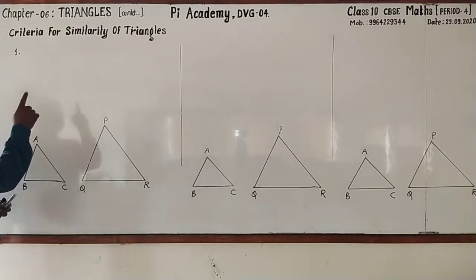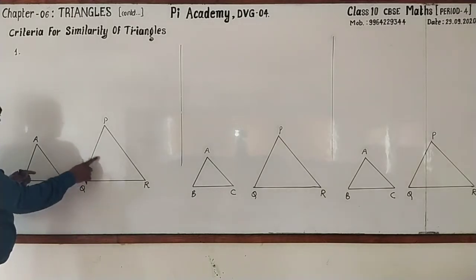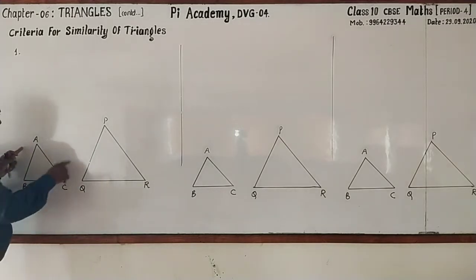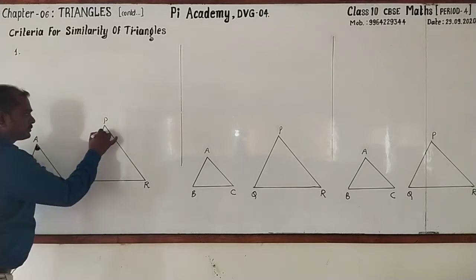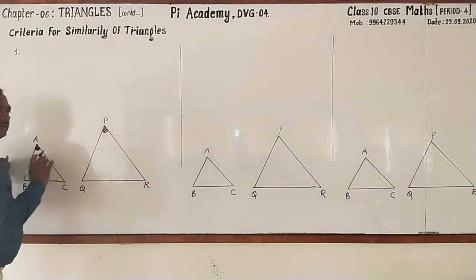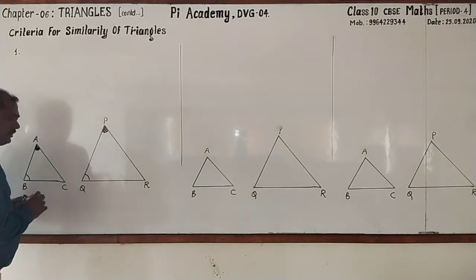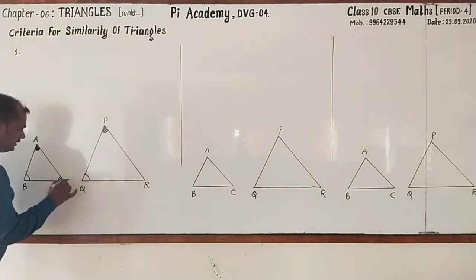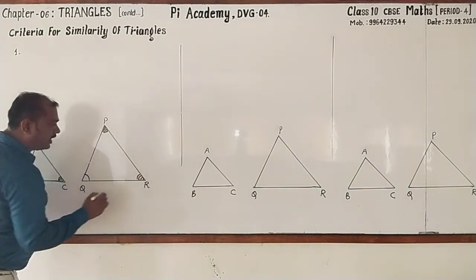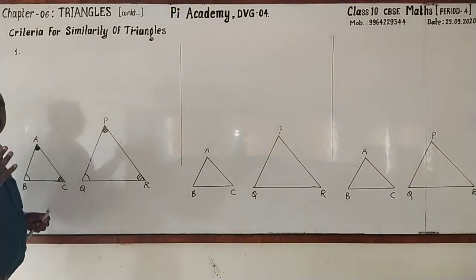Now, to learn the first criterion for similarity of triangles, here I have taken two triangles. Observe this. One is triangle ABC and another one is triangle PQR. Look here, angle A and its corresponding angle P are equal. Angle B is equal to its corresponding angle Q. Next, angle C is equal to angle R. In these two triangles, the corresponding angles are equal.